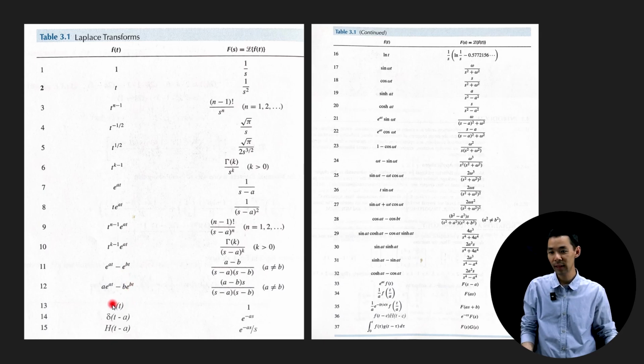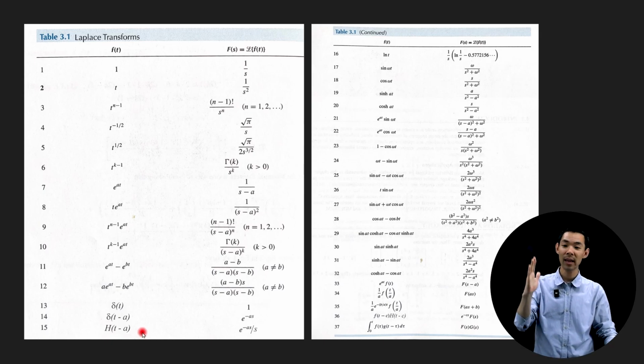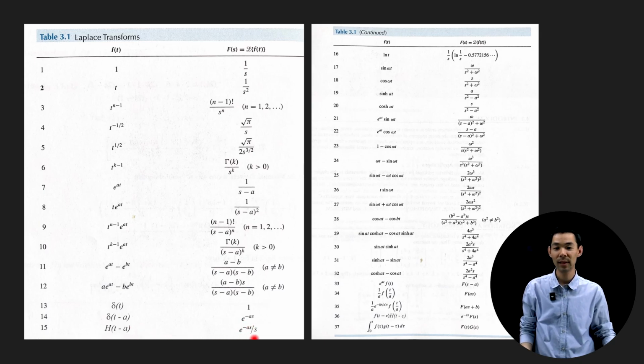So this delta function, we haven't covered yet, but we'll cover it shortly. It's a pulse function. Row number 15 we have covered. That is the Heaviside step function. That is the function where it stays at 0, and at time t equal to a, it jumps over to 1. And its Laplace transform is simply 1 over s times e to the negative as.